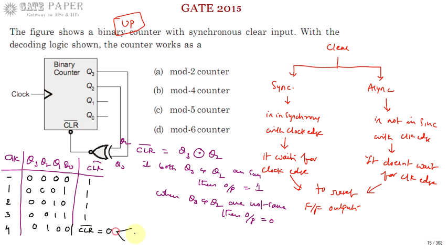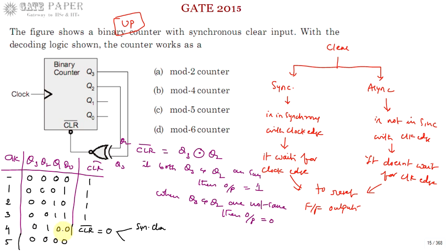If it is synchronous clear, clear is becoming 0 after the clock edge. After getting the fourth clock edge, the counter changes to 0100. Based on these Q3, Q2 values 01, clear will become 0, but it cannot reset the flip-flop outputs until the next clock edge. So upon the fifth clock edge, it will reset the outputs.